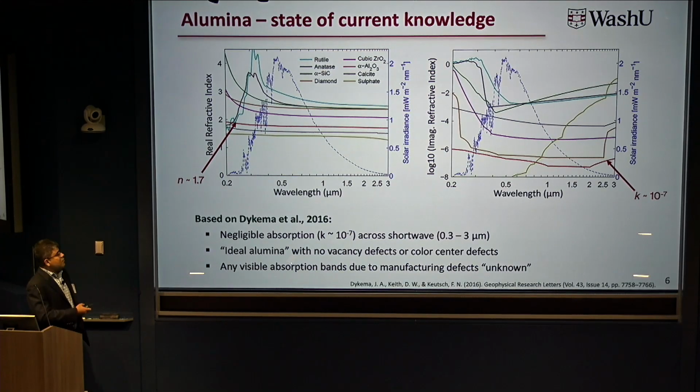This was based off of John's work in 2016, which is idealistic, meaning that 10 to the power minus 7 implies negligible absorption across shortwave. It is ideal alumina with no surface defects, that is, no color center defects or any vacancy defects.